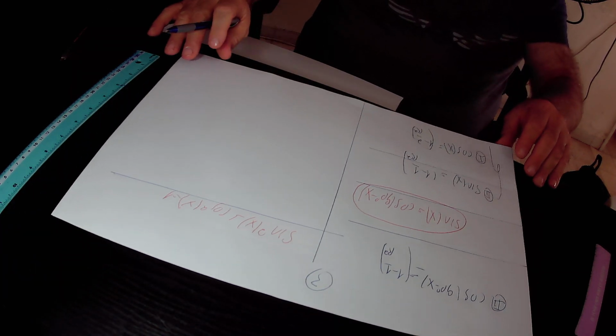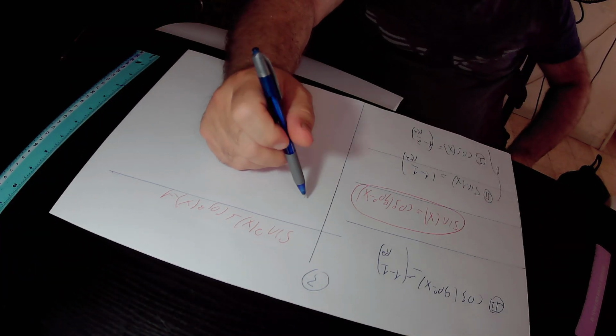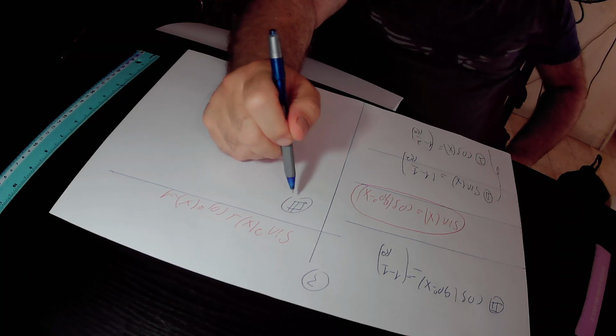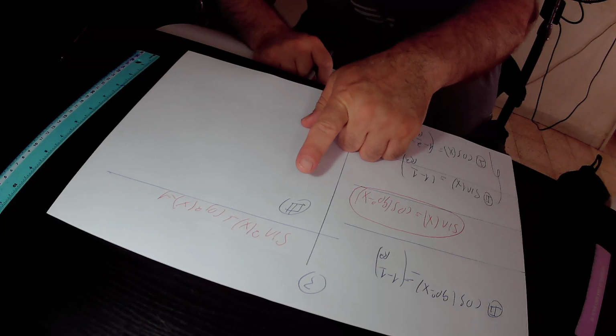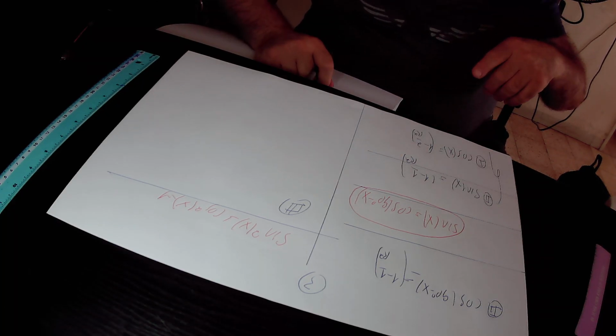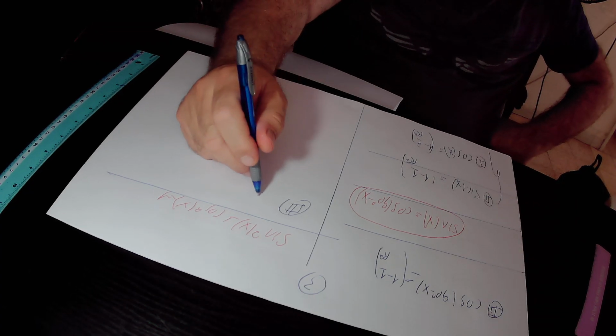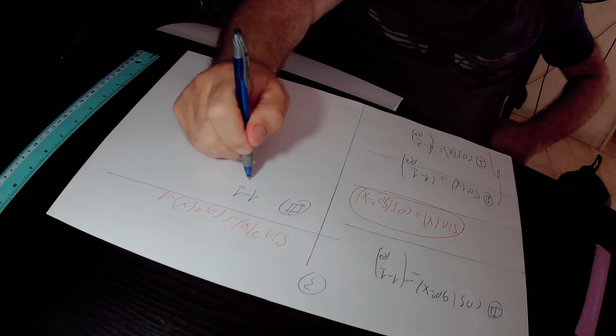According to equation 3, we have in this trigonometric identity sine squared x. So according to equation 1, sine x equals 1 minus 1 over r squared.